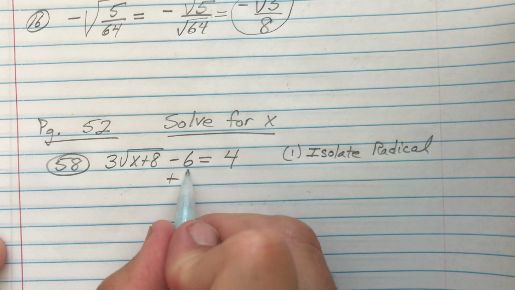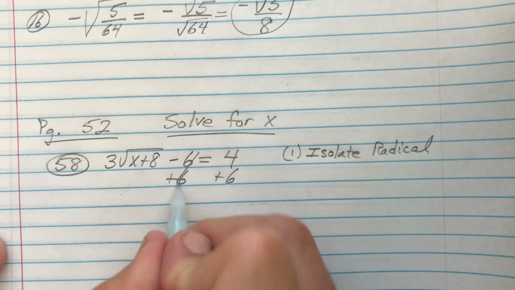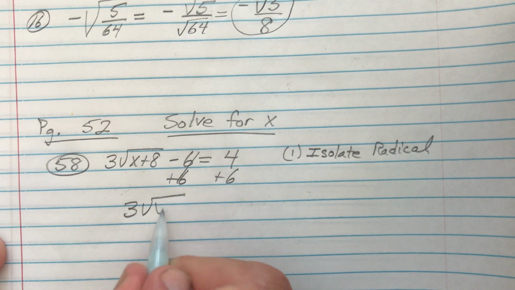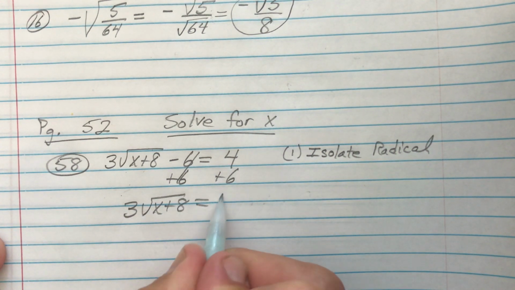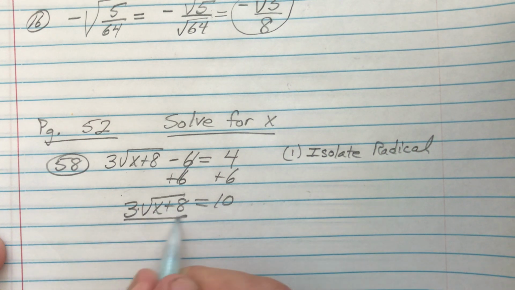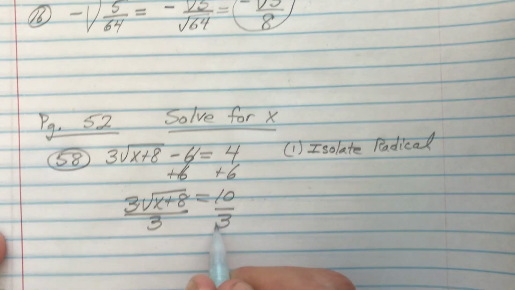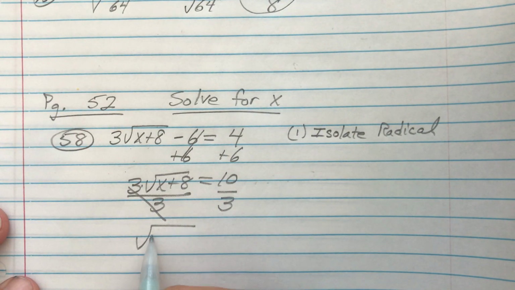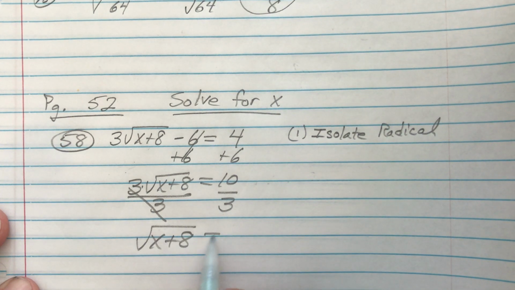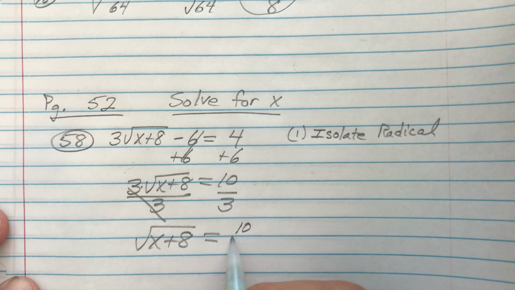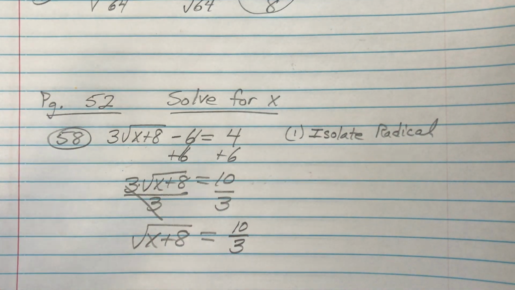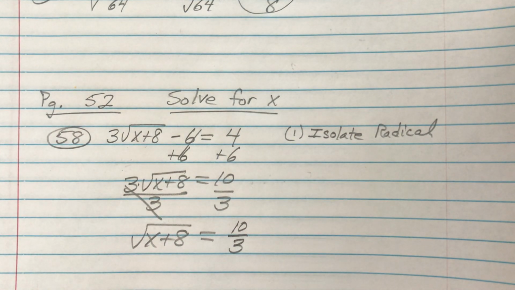So to do that, we're going to add 6 to both sides in this question, and then undo this multiplication by division by 3. Isolate the radical means that the radical should be the only thing on one side of the equal sign. So we have 10 thirds, which I know is not very nice, but we have to deal with it.